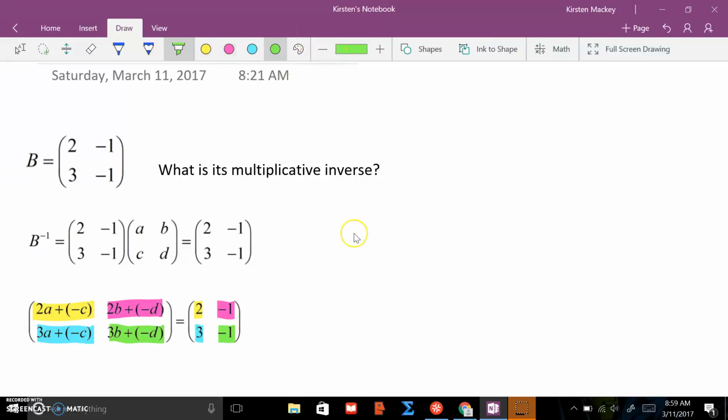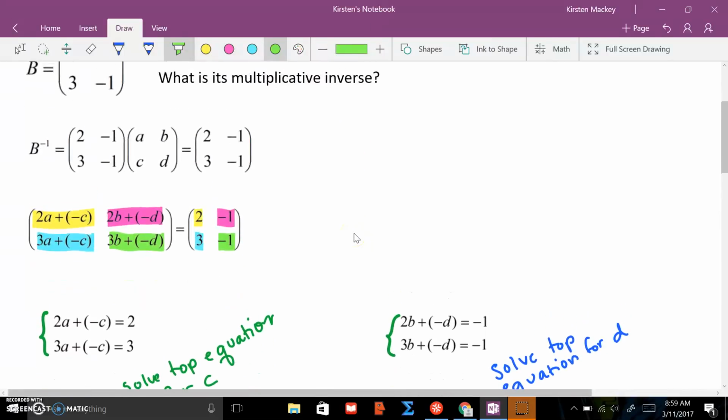So what we can do now is come up with some systems of equations. So I see that this column here deals with A and C. This column here deals with B and D. So what I did was I took those two equations and their corresponding values in our B matrix and wrote two equations.